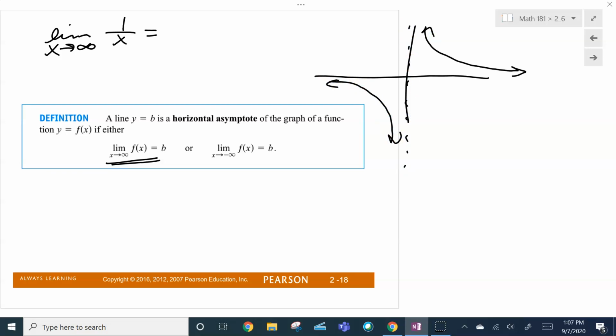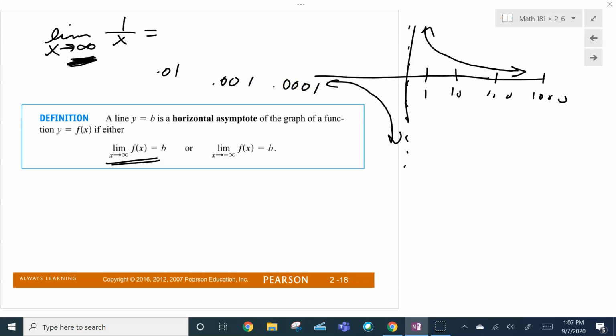Notice, as my x gets increasingly larger, right, as I pick values further and further out, I know that's not to scale, but so I plug those in. I plug in 100, I got 1 over 100, so I get 0.01 for that. I plug in 1,000, I get 0.001. I plug in 10,000, I get 0.0001, and so on.